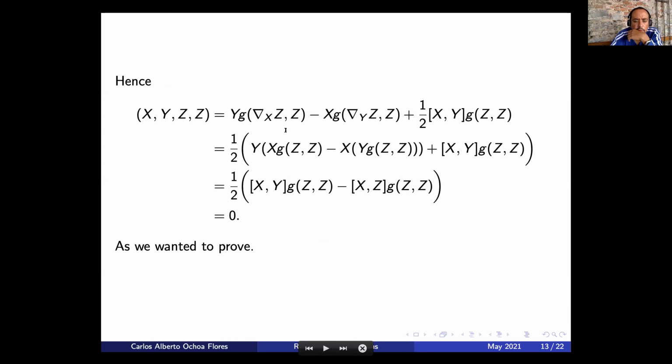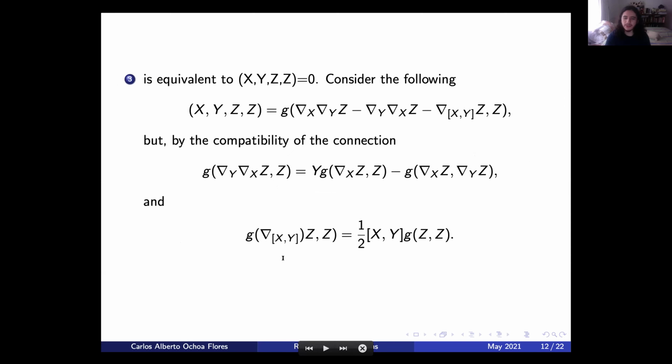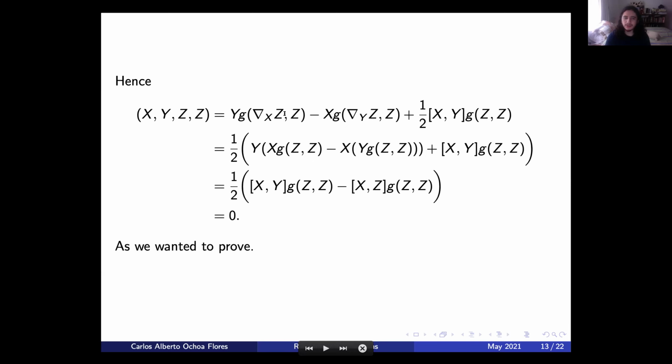And then we notice that this term can be dealt with the same way we dealt with this term, right? So this term can be seen as 1/2 of letting y act at x acting at this function.